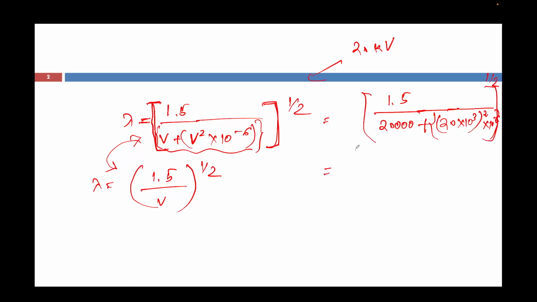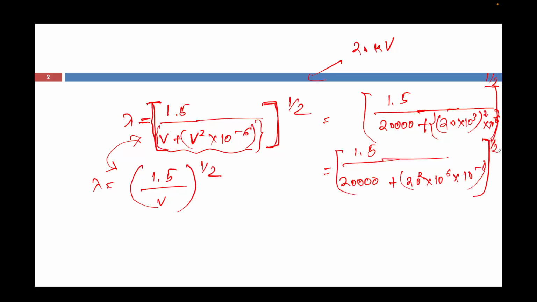So here you can see 1.5 divided by 20,000 in the denominator. Here, 20 into 10 to the power 3, squared, is 20 square into 10 to the power 6, into 10 to the power minus 6. So this expression would be there, and the square root will be over the whole expression. So here 1.5 divided by 20,000 plus 400. The 10 to the power 6 and 10 to the power minus 6 cancel out each other.